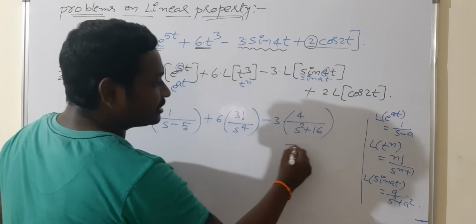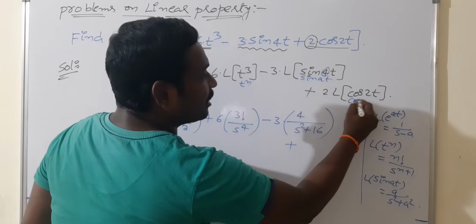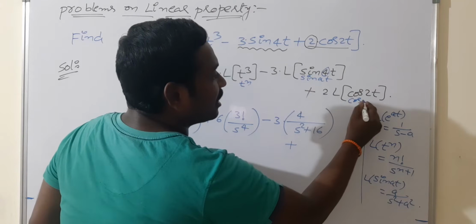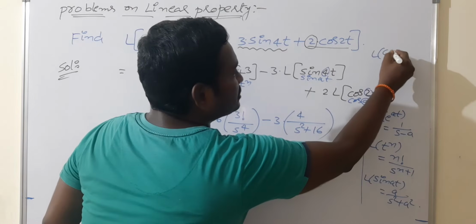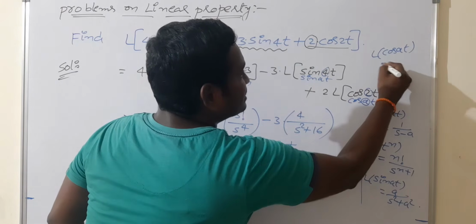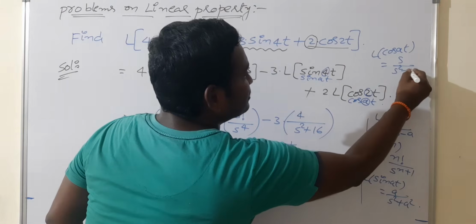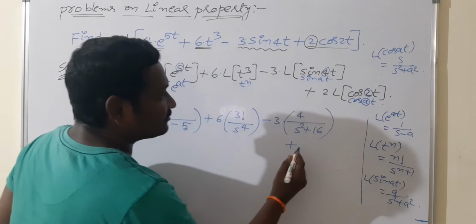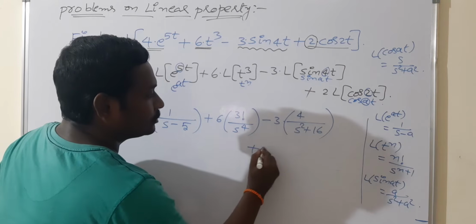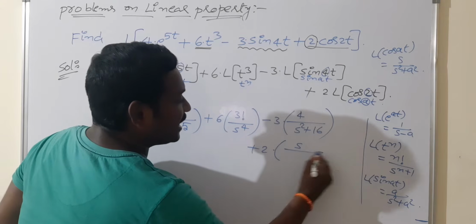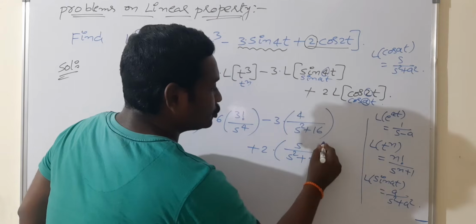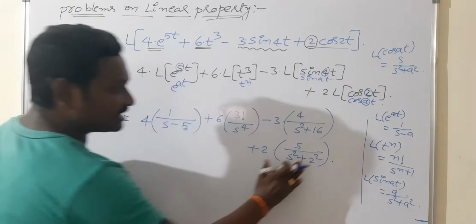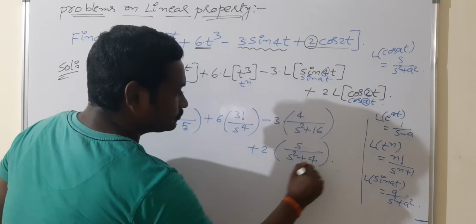And finally the last term is in the form of 2 into L of cos at. So the a value is 2, and everybody knows that L of cos at is equal to s by s square plus a square. That's why here you will get 2 into s by s square plus, what is the a value? 2. So 2 square. 2 square is nothing but 4.